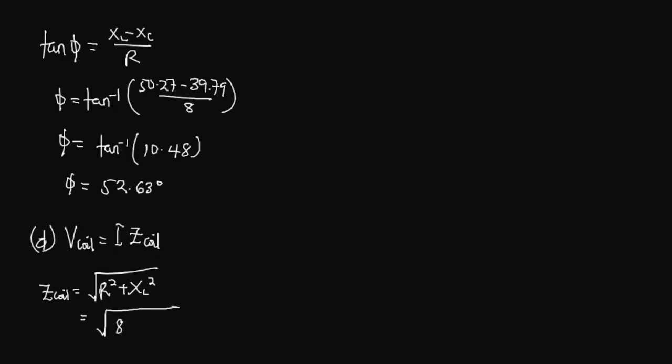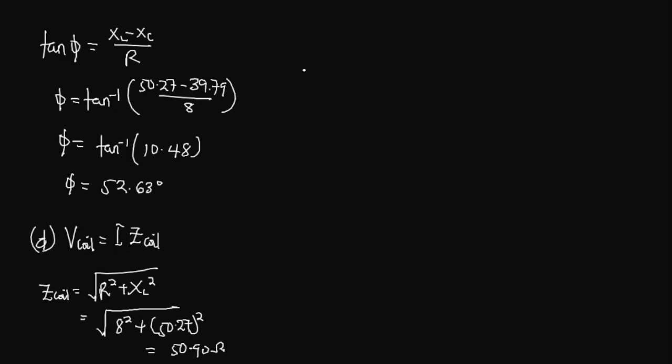The resistance is 8, so it's going to be 8 squared, plus the inductive reactance is 50.27, so 50.27 squared. So if we compute everything here into the calculator, for the Z coil we're going to get 50.90 ohms as the overall impedance offered by the coil.